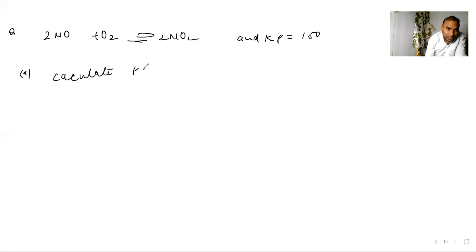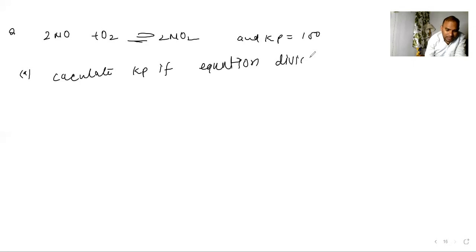They are saying 2NO plus O2 giving 2NO2, right? And Kp is equal to 100. Calculate Kp if the equation is divided by 2.